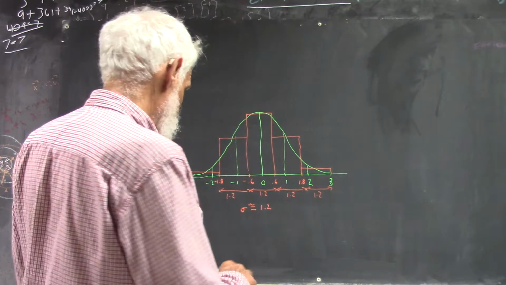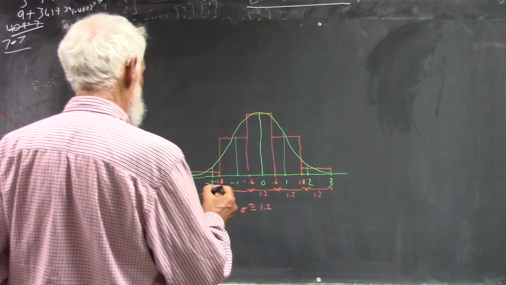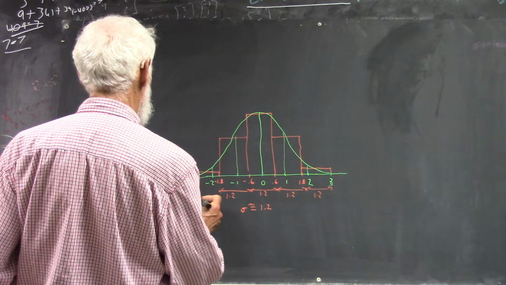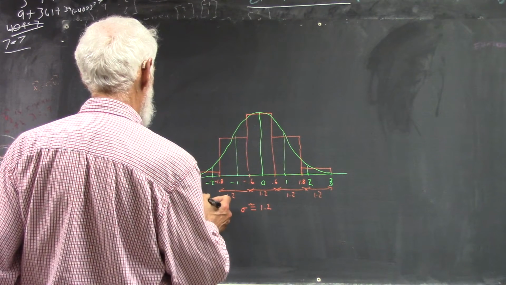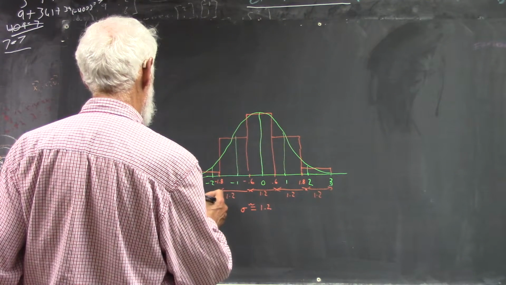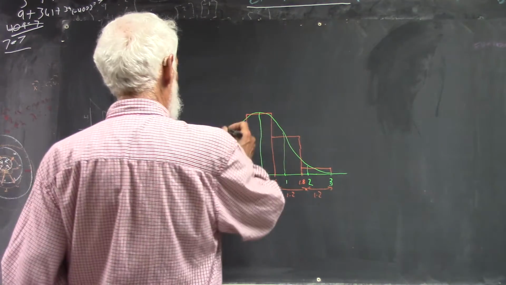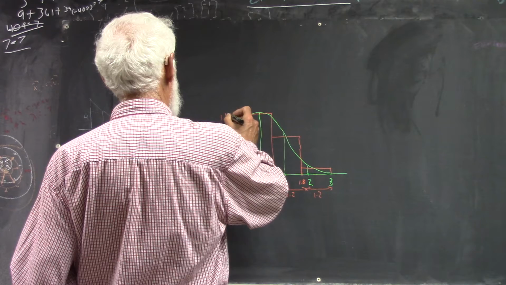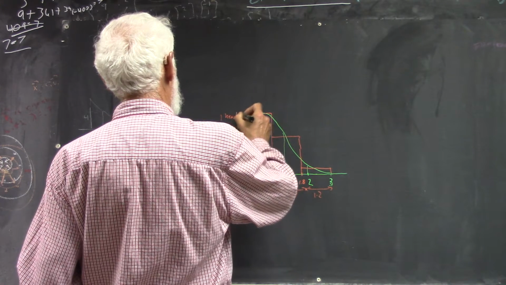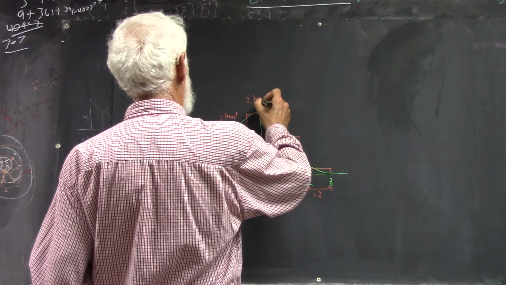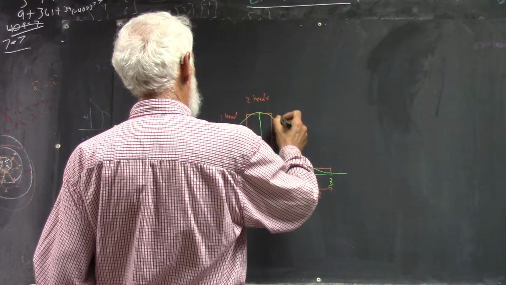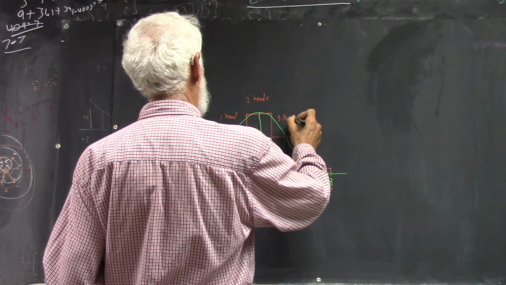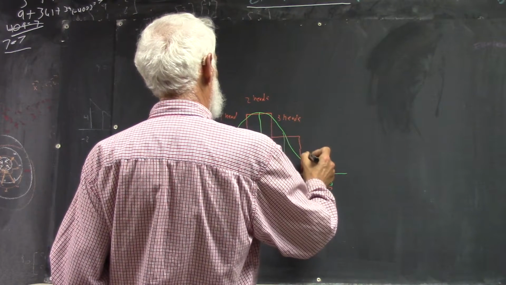So we'll say that this bar corresponds to 0 heads. This bar corresponds to 1 head. This to 2 heads. This to 3 heads. And this to 4 heads.